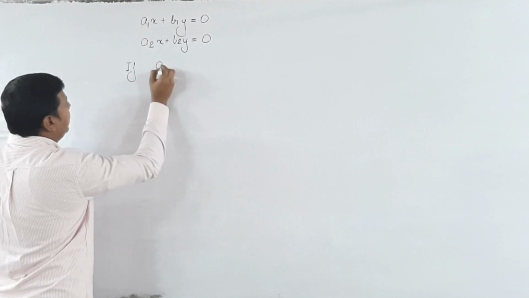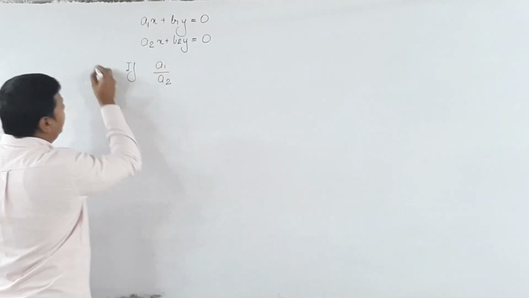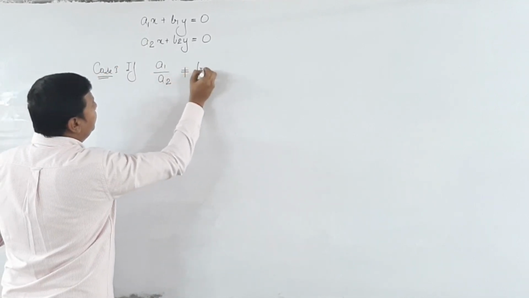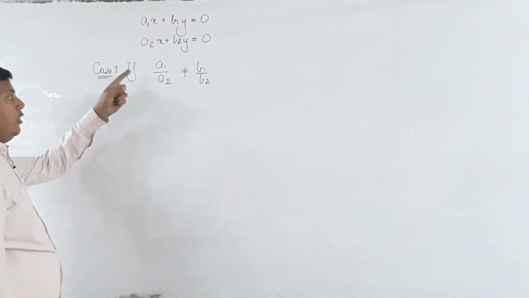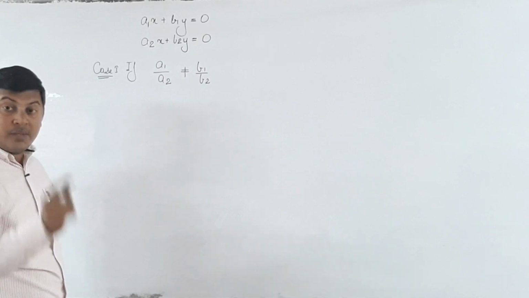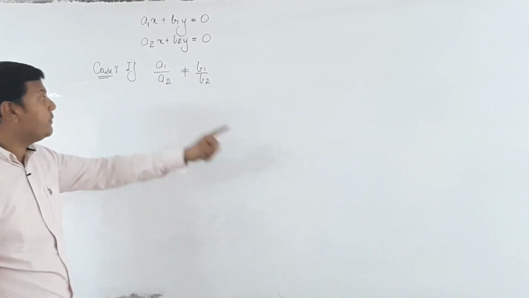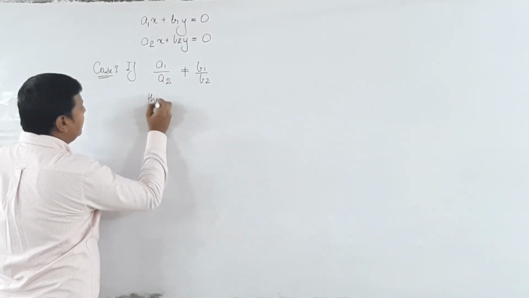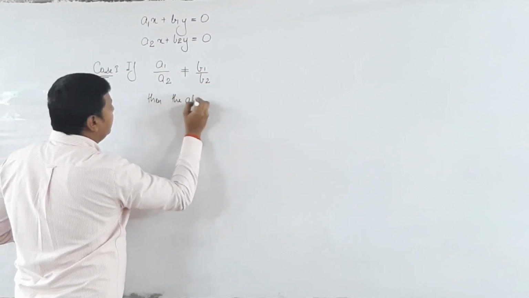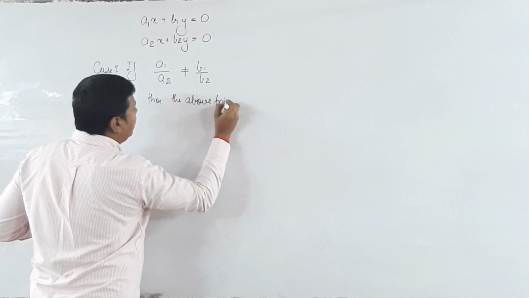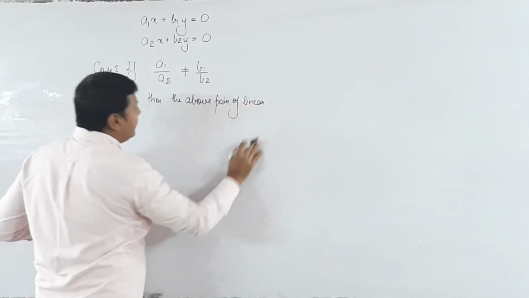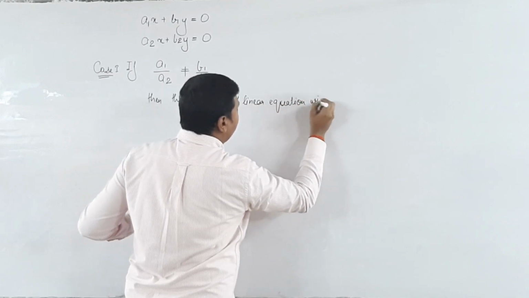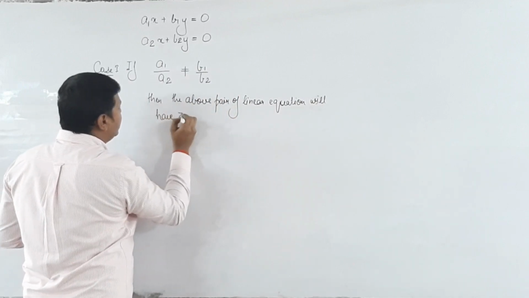Now I am discussing a special case. For the homogeneous set of equations, if a1 by a2 is not equal to b1 by b2, then the above pair of linear equations will have zero solution.